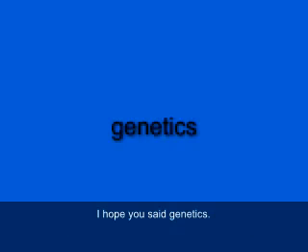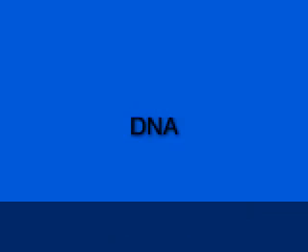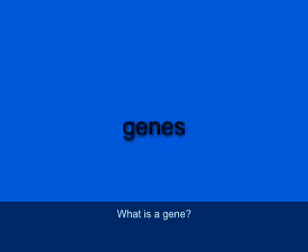Well, I hope you said genetics. G-E-N-E-T-I-C-S. What is the term for the chemical that is the primary genetic material of all cellular organisms? That's DNA, deoxyribonucleic acid. And what is a gene?